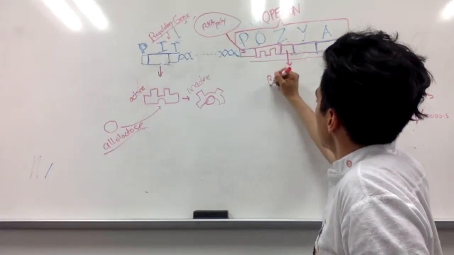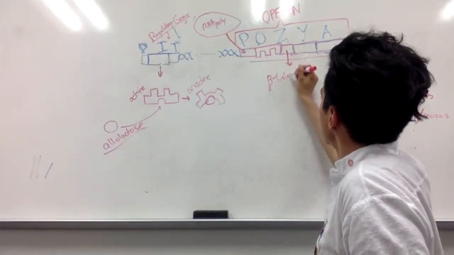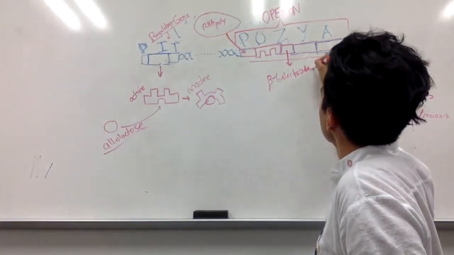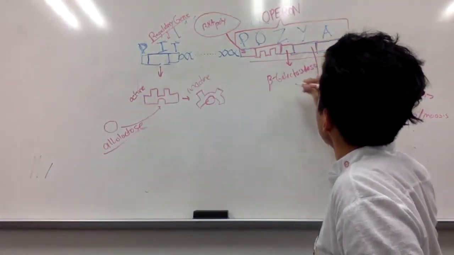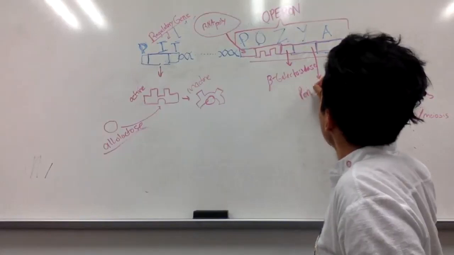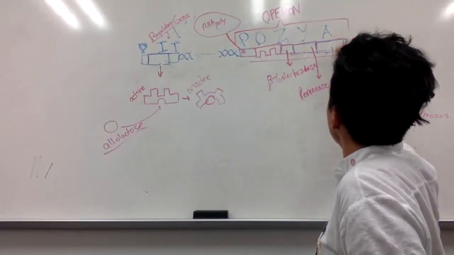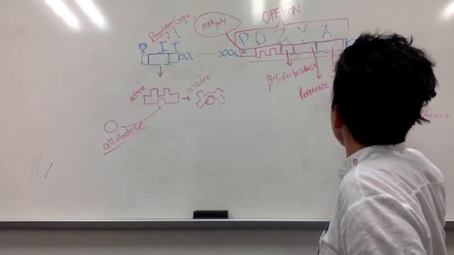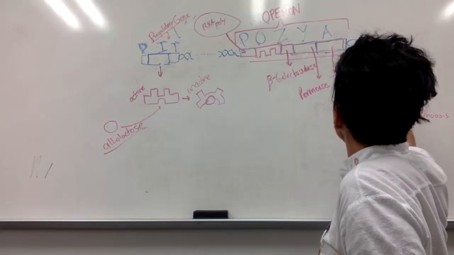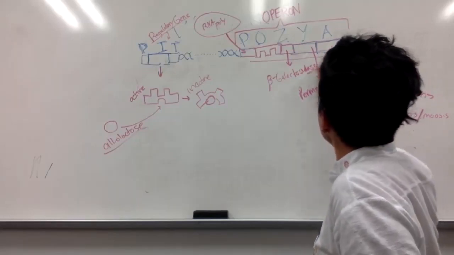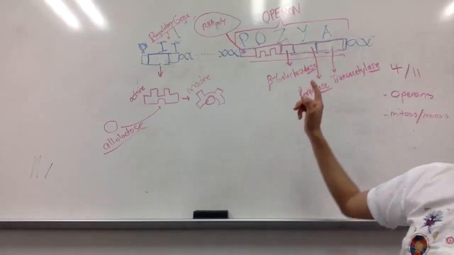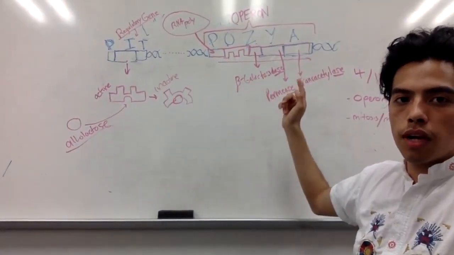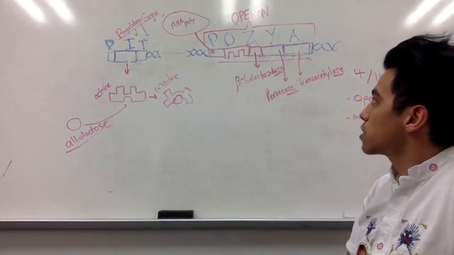LacZ, that's beta-galactosidase. Permease. Transacetylase. As you can all tell from the suffixes, they're all enzymes, because they all end with the -ase suffix.